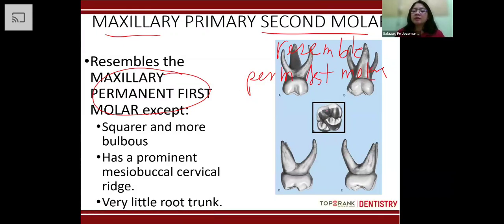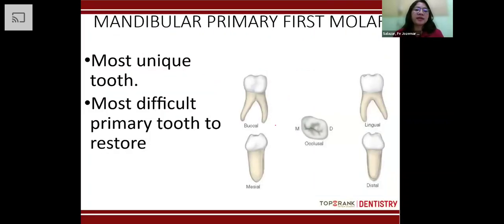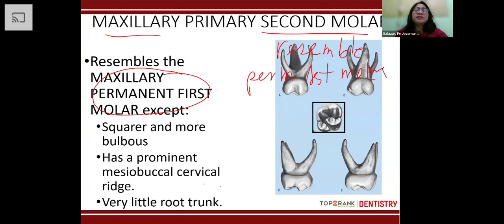Okay. Ano po ulit yung number 18? It's letter A. Okay. So it's squarer and more bulbous. Okay, so mas bulky, kaya bulbous. Okay, kasi nga it has cervical ridges. It has a prominent mesiobuccal cervical ridge and it has very little root trunk. Okay, kasi nga this is a primary tooth, so wala siyang root trunk.